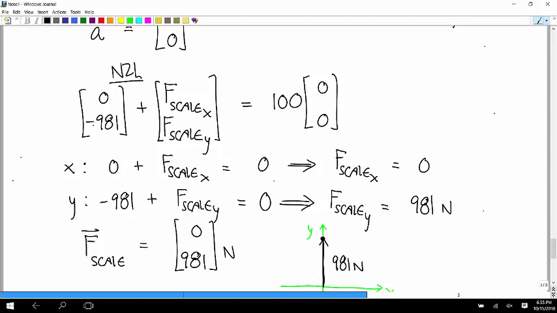His mass was 100 kilograms, so 100 times 9.81 is 981. Okay, so that's how a bathroom scale works.